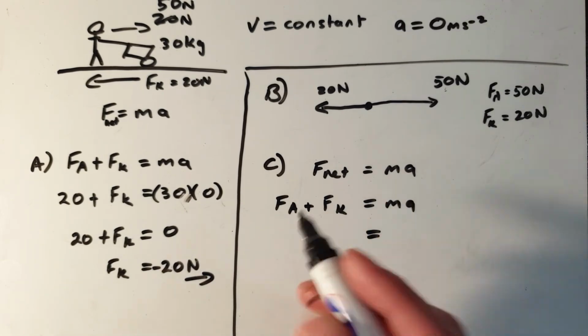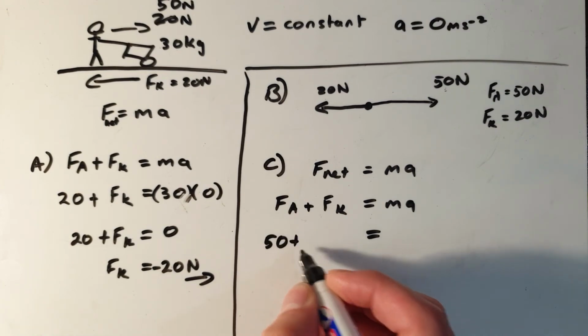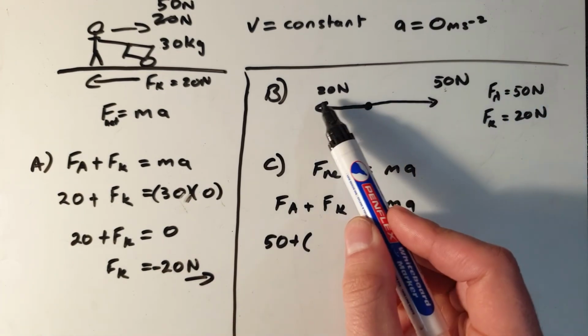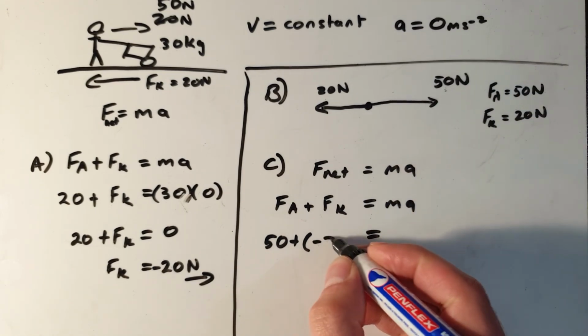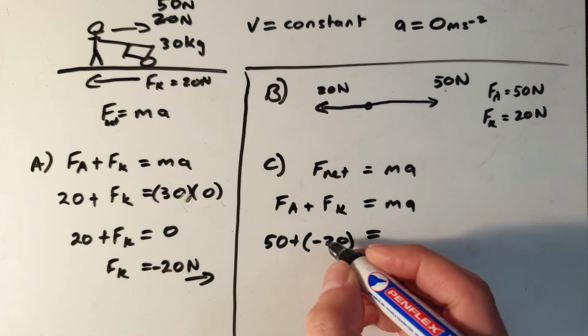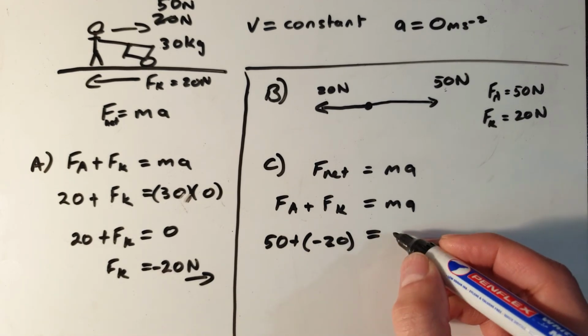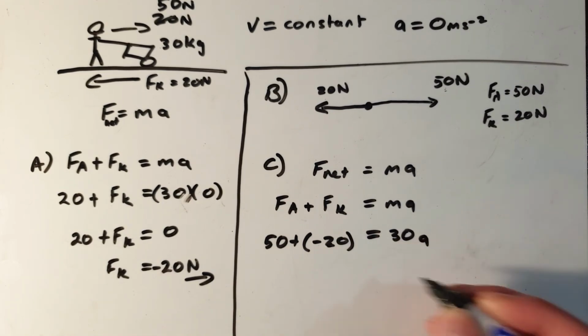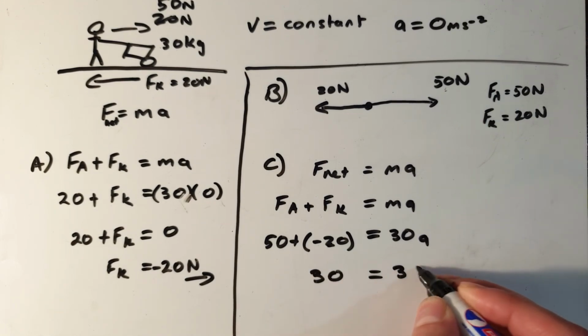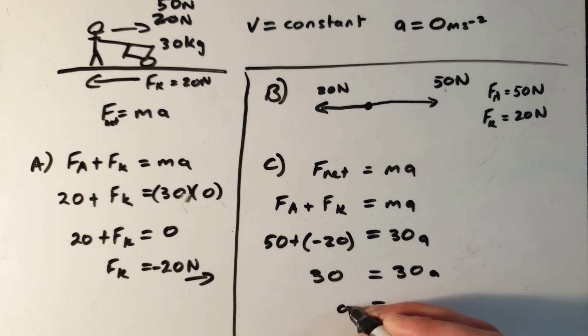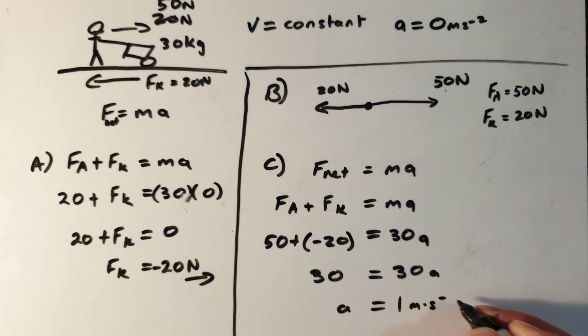So the force applied we knew was 50 newtons plus our frictional force. Now we can see that our frictional force is going backwards and the force applied is going forwards, and so that will then be minus 20 newtons is equal to our mass of 30 kilograms times acceleration, and that means we get 30 is equal to 30a, which tells us that our acceleration is 1 meter per second squared.